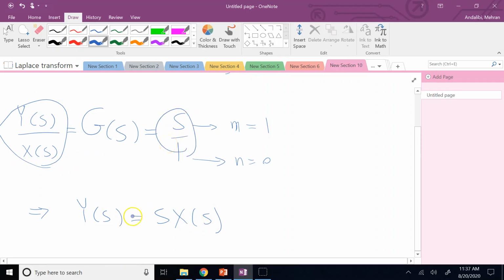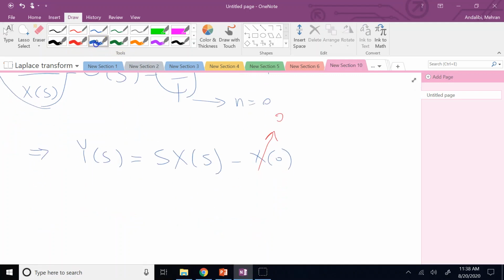And if I take inverse Laplace transform and assuming zero initial condition, right? So if I assume zero initial condition, I can basically add minus X of 0 here because that's 0, right? I'm using zero initial condition.